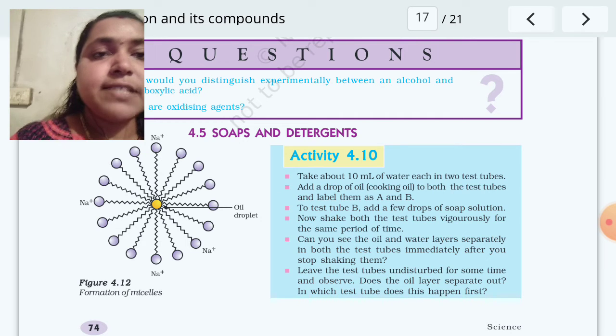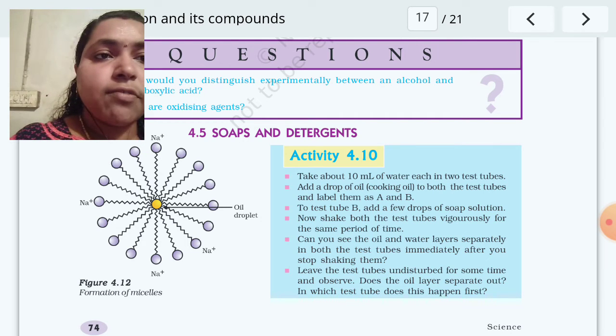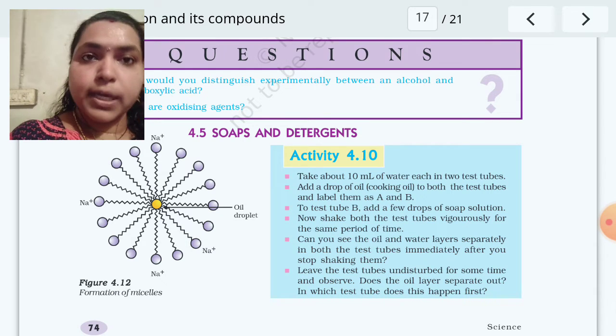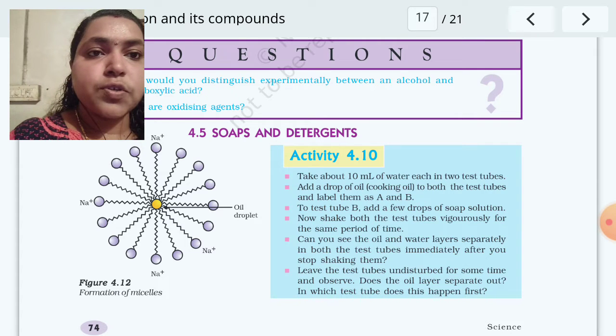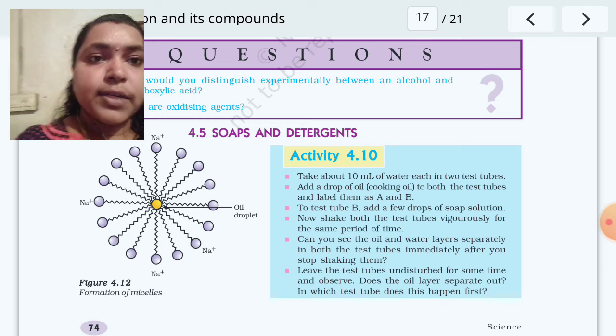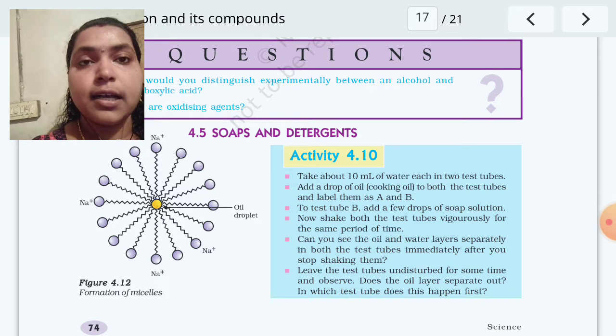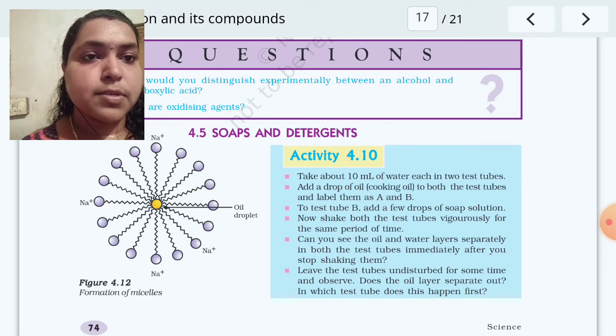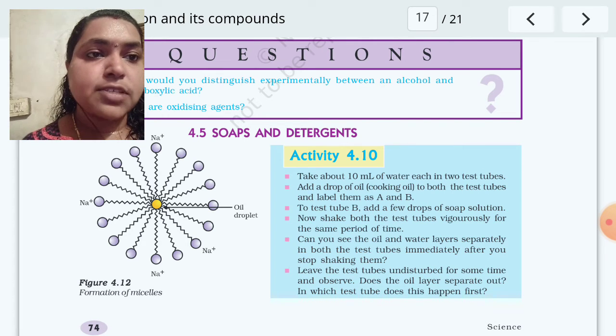In this activity, we are taking 10 milliliters of water in two test tubes and adding cooking oil to both test tubes and labelling them A and B. To test tube B only, we are adding a few drops of soap solution. Now we are shaking the test tubes vigorously for the same period of time.